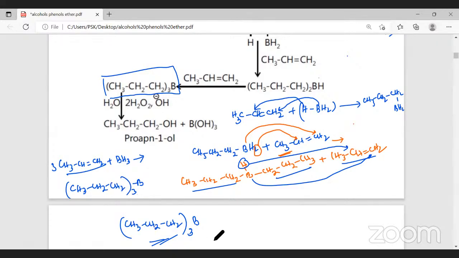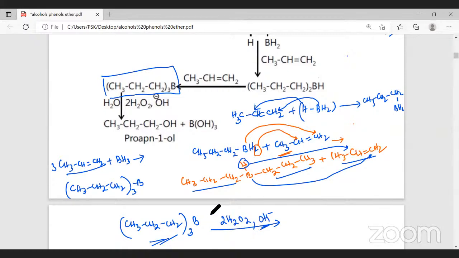Right. This trialkyl borane, when you hydrolyze in the presence of hydrogen peroxide and sodium hydroxide, what happens? Already we have one OH group here, and hydrogen peroxide.